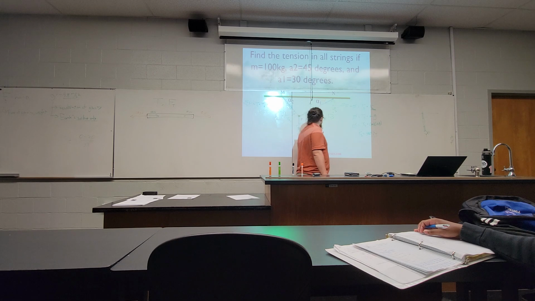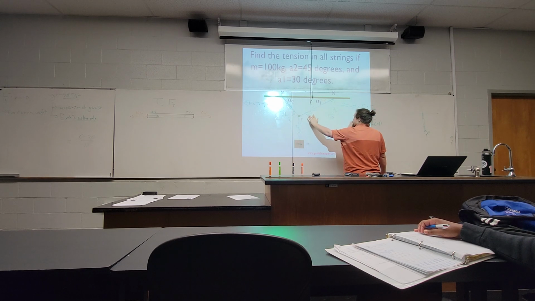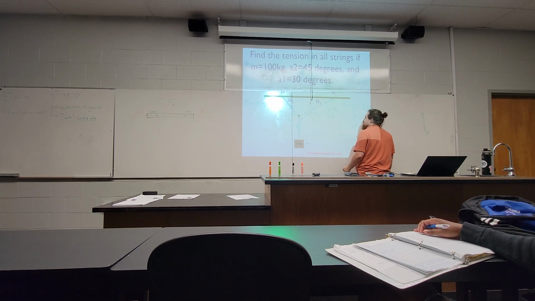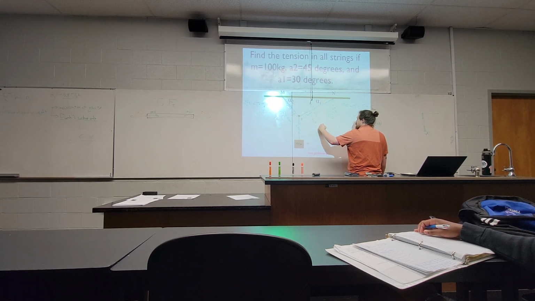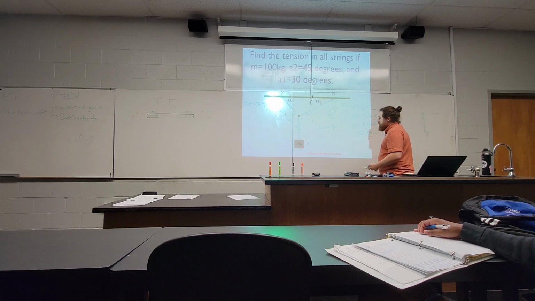Starting with T1, if this is our known 30-degree angle, which of the two legs would be opposite? Ty. And that would leave x as the adjacent. So, SOHCAHTOA, sine opposite hypotenuse. Sine of the known 30 degrees would be the opposite y leg over the unknown hypotenuse.